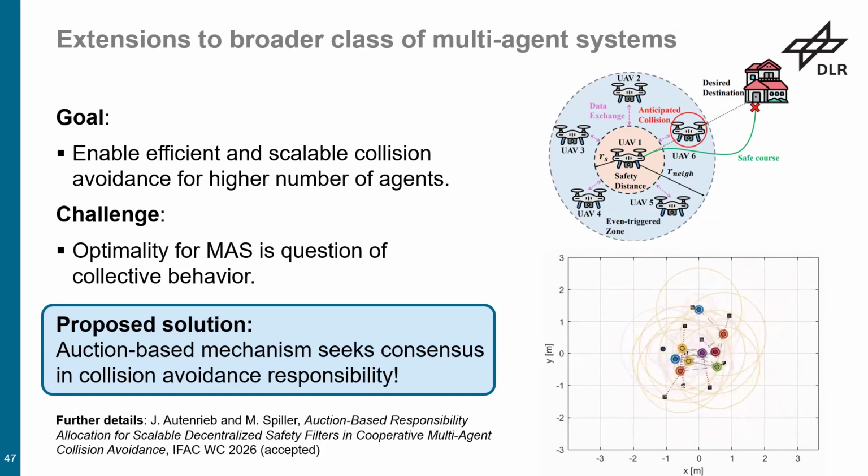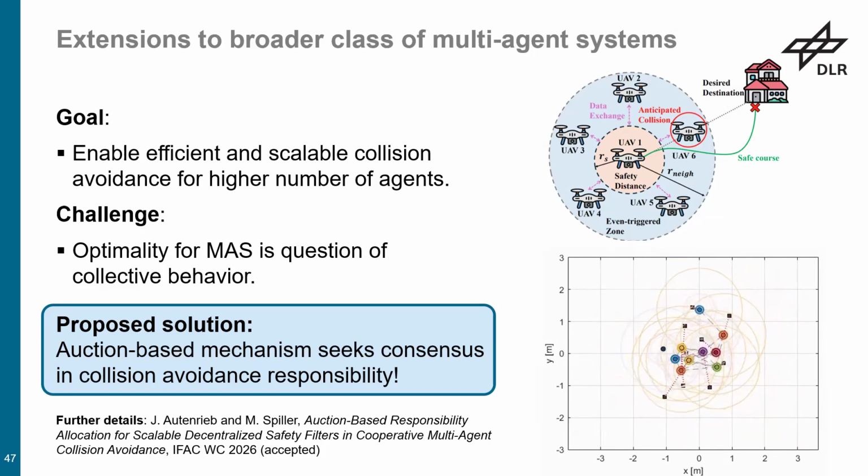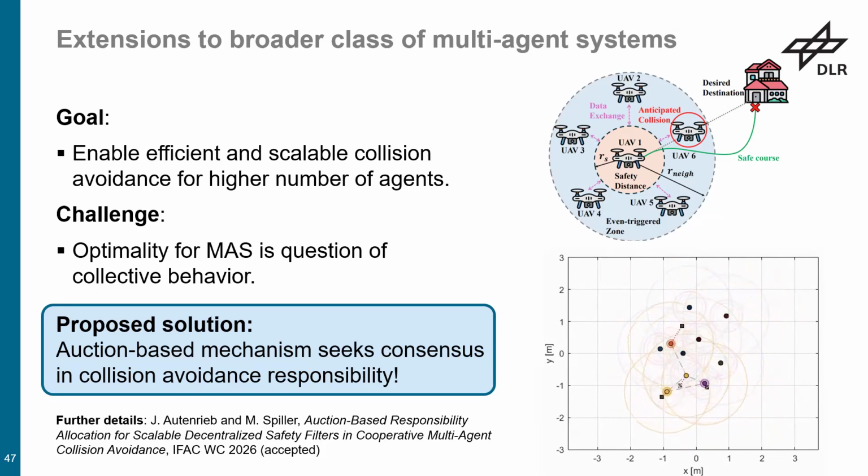And they need to find a way of figuring out who's doing what. Here, the approach was to use an auction-based approach, actually a greedy auction-based approach. And by greedy, I just mean there is no consensus seeking.